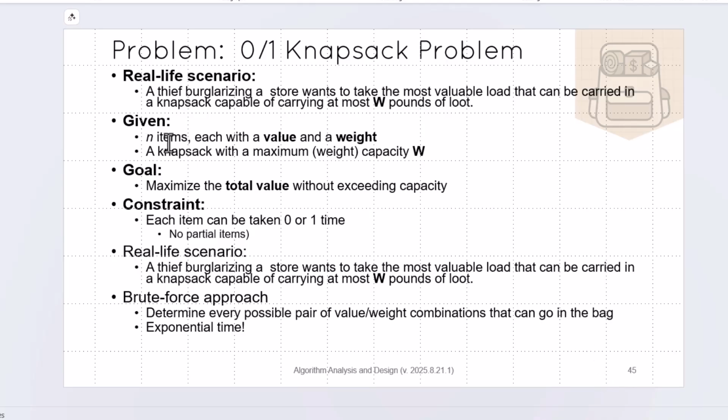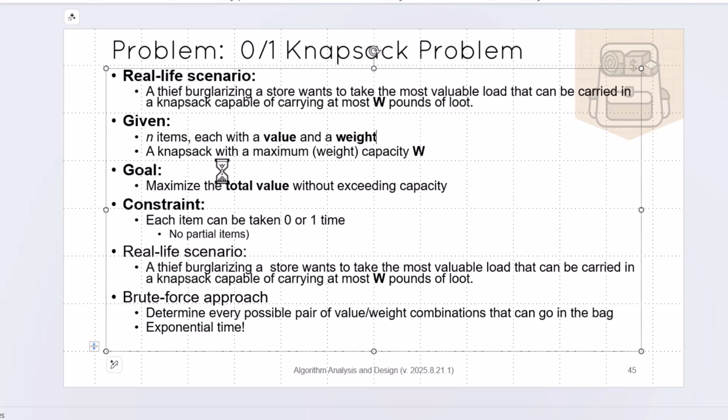So given n items, each of those items, okay, maybe it's a golden candlestick, jewelry, a necklace, a ring, earrings, a diamond brooch, all these different things from this store. I'm using jewelry. It doesn't have to be jewelry. But we have a value and we definitely have a weight.